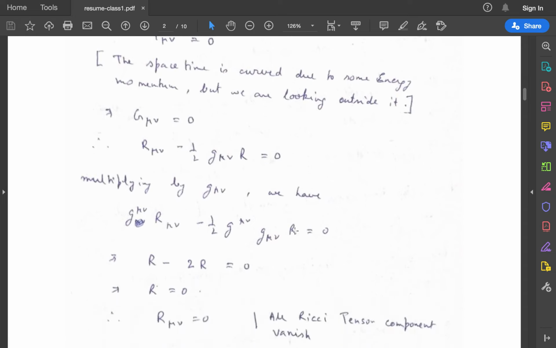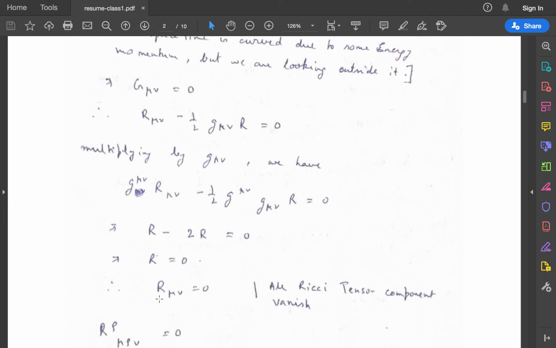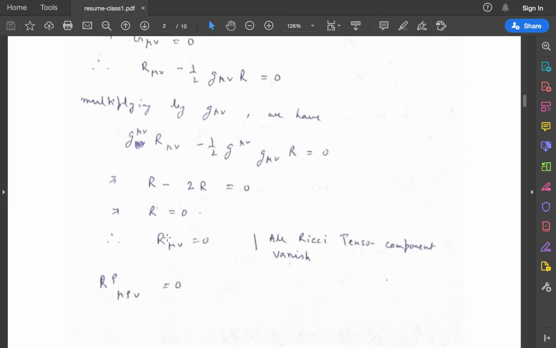So multiplying both sides by g^mu nu and contracting, depending on the dimension, we have R minus 2R equals 0, that means R equals 0, and that means all the Ricci tensor components R_mu nu are 0. That means all the Ricci tensor components should vanish.